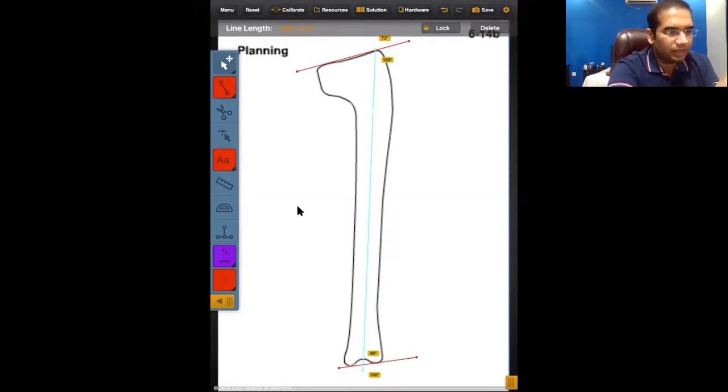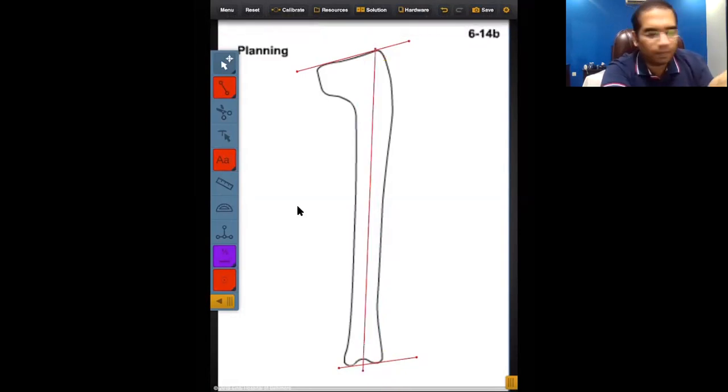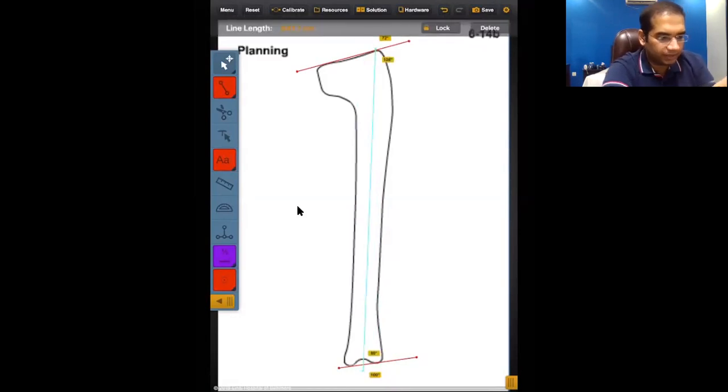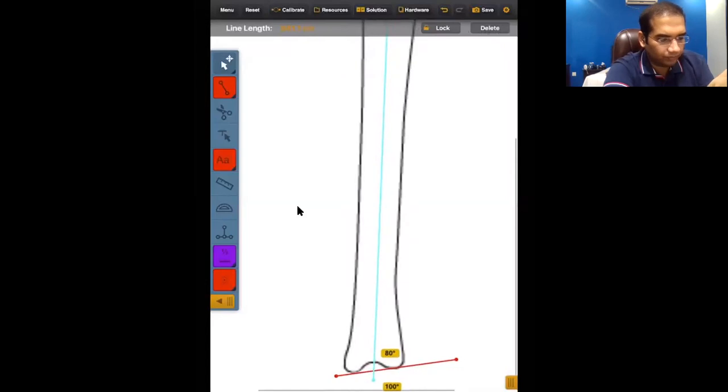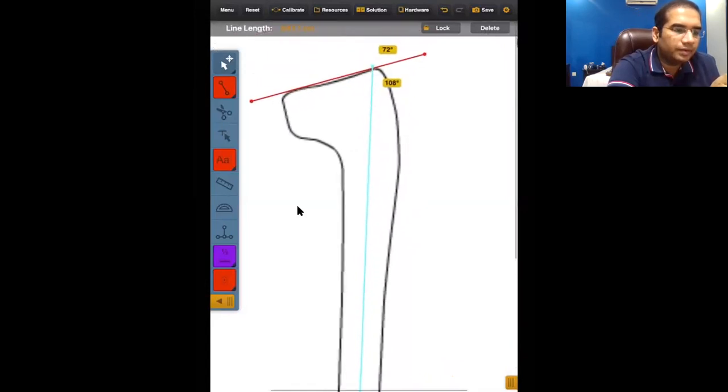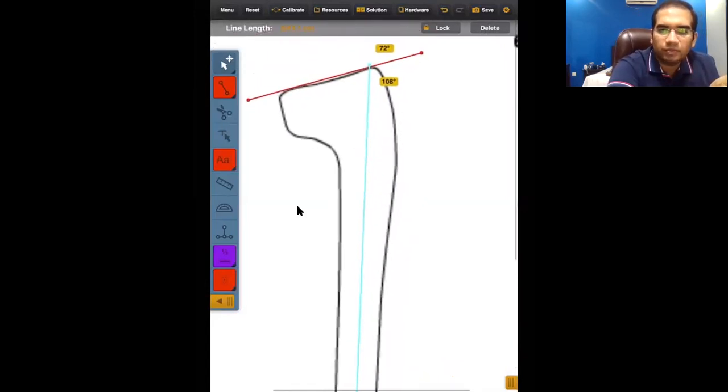Now I have drawn a mid-diaphyseal line. Now let us check the angles. The anterior distal tibial angle is 80 degrees, and the proximal posterior tibial angle is 72 degrees over here.